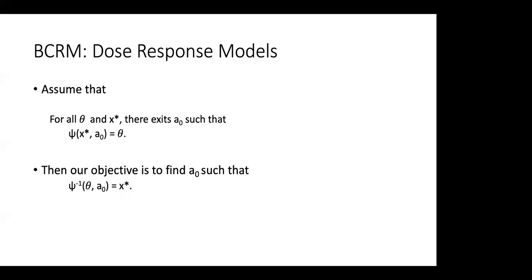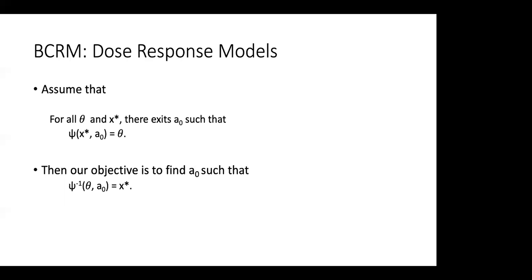So for each model, we're going to assume that for any theta, just a reminder, theta is the target toxicity level and X star is the MTD, there exists a parameter value alpha such that it can map the MTD to the target toxicity level.